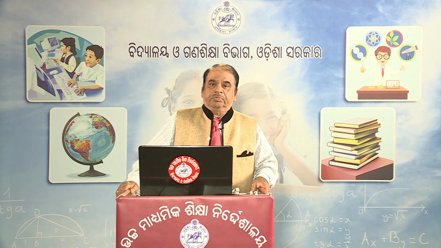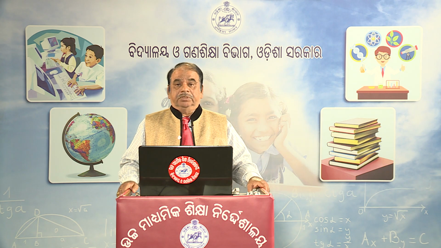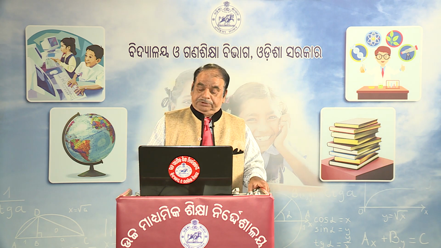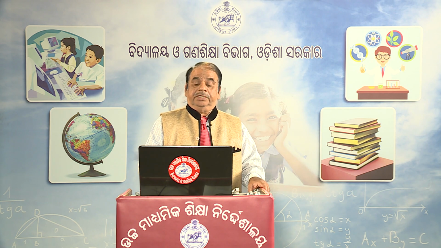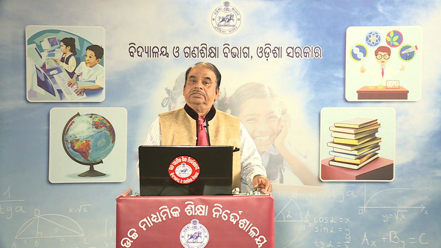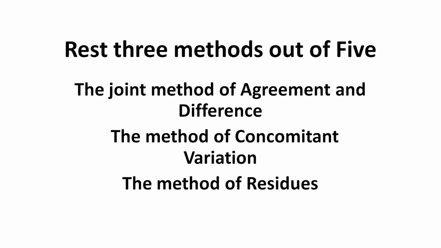Today, we shall discuss the three other methods of experimental inquiry. Those three are the joint method of agreement and difference, the method of concomitant variation and the method of residues.